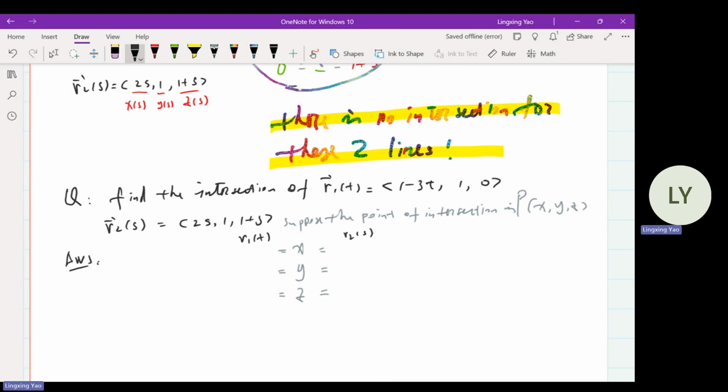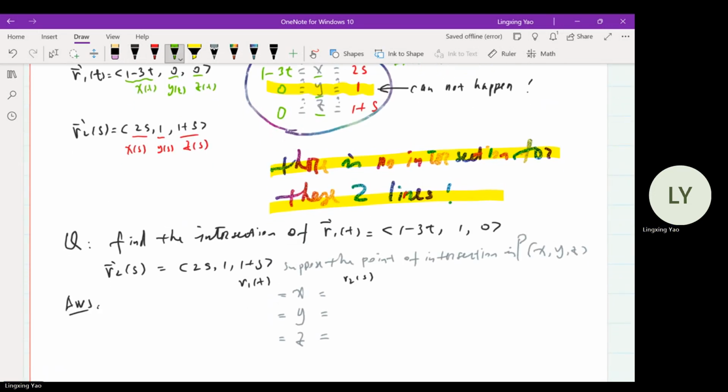So if that is happening, we should be seeing, on the left of the equation and right of the equation, about x, y, z, we have those.